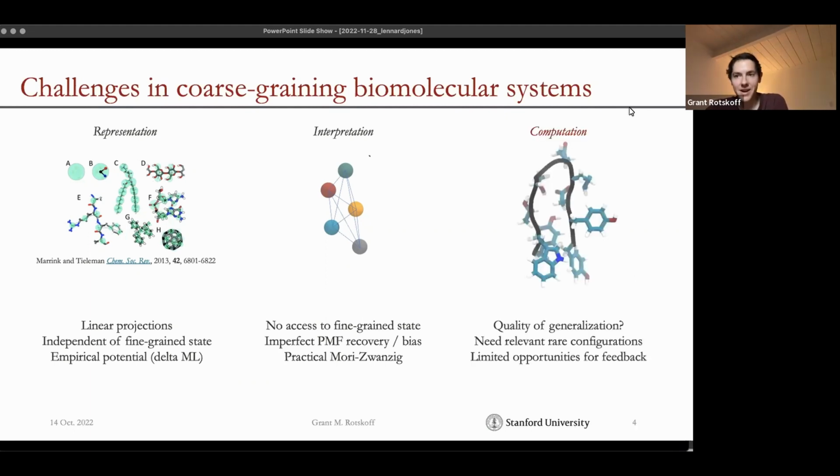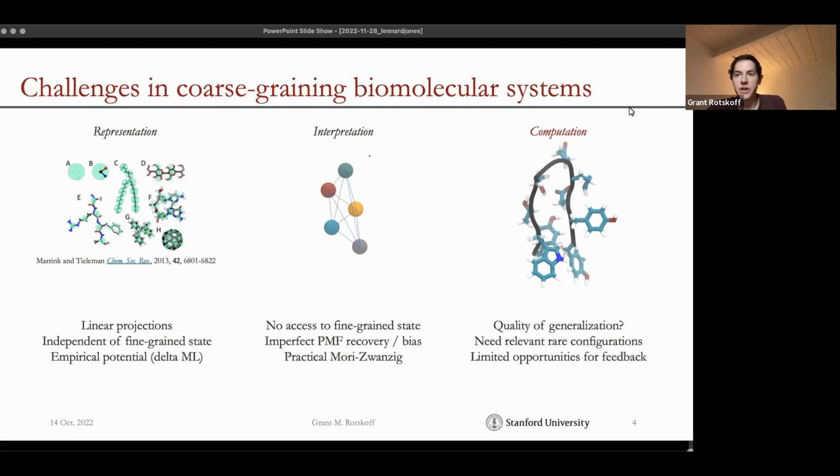And then finally, the real challenge in building coarse-grained models is often computation. So the quality of generalization within a model is kind of the key benchmark for whether or not coarse-graining is productive. So many coarse-grained models are built with quantities of data that are sufficient to answer the questions that we might set out to answer with the coarse-grained model.